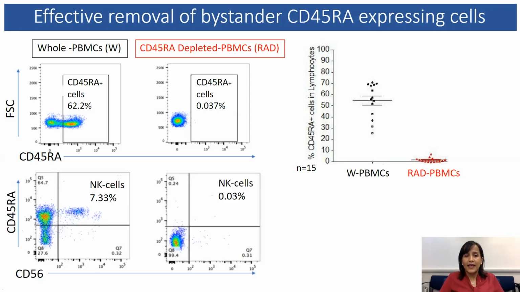In addition, as I mentioned before, the presence of NK cells was also one of the problems, and NK cells do reside in the RA positive fraction, as you can see from this dot plot in the lower part of the slide, where about 7.3% of NK cells were indeed CD45RA positive NK cells, and the depletion of RA positive cells does also deplete NK cells in our resulting RA depleted PBMCs, as you can notice here.